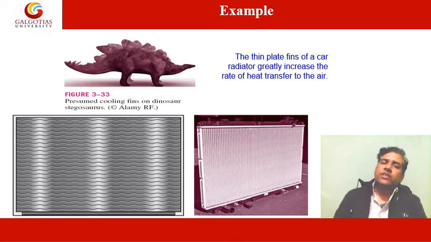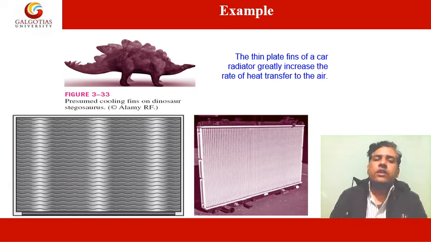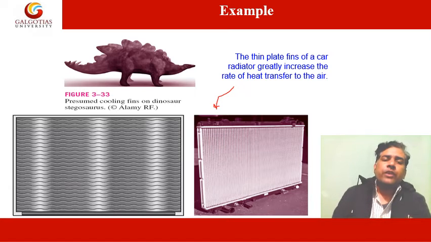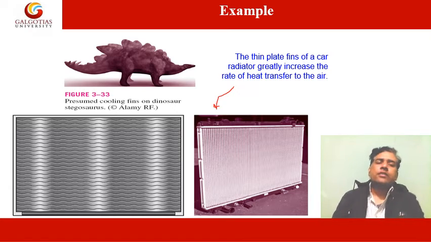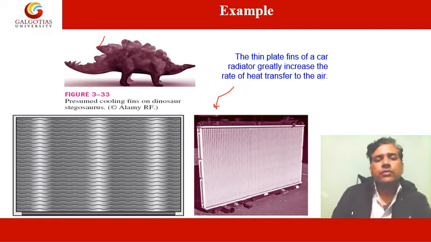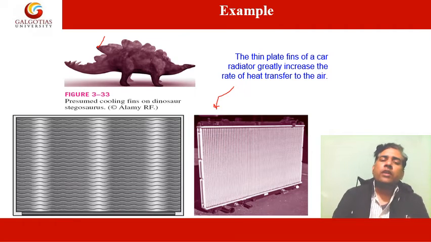Here are some examples. This is a thin plate fin of a car radiator, which transfers heat to the air. The extended surfaces you see on the dinosaur body actually worked as fins to remove extra heat generated within the body.